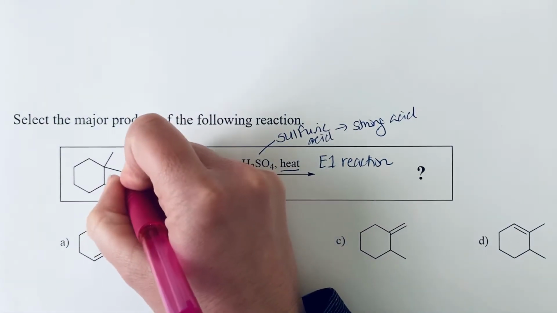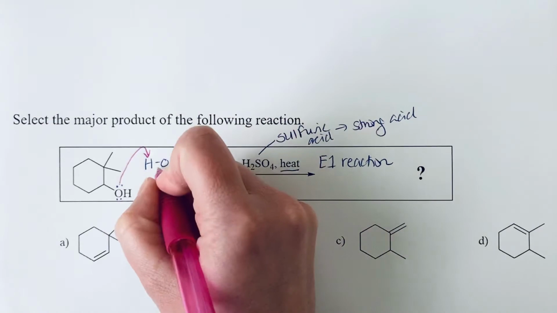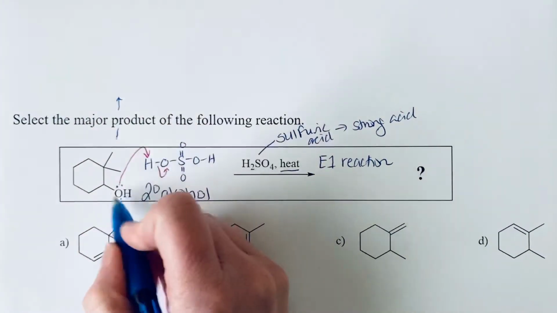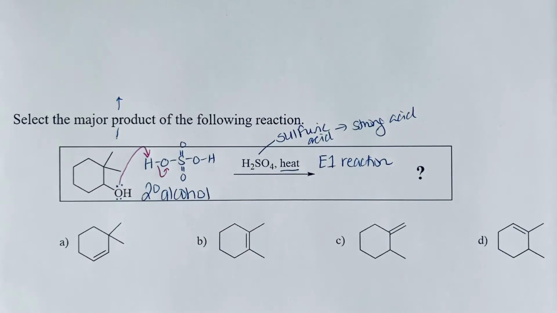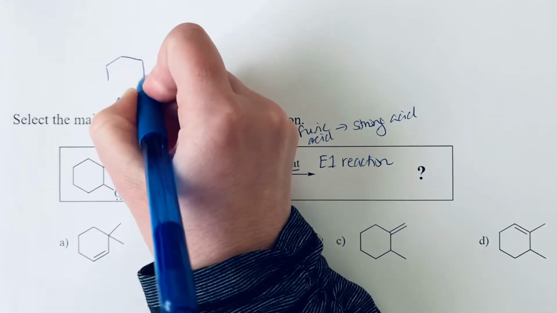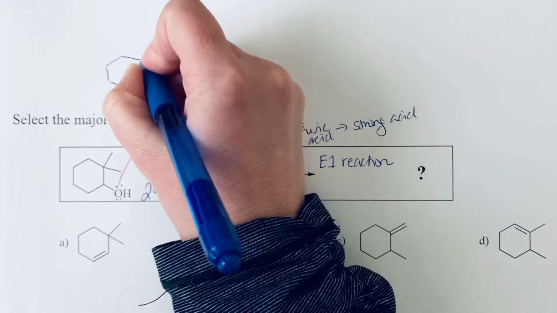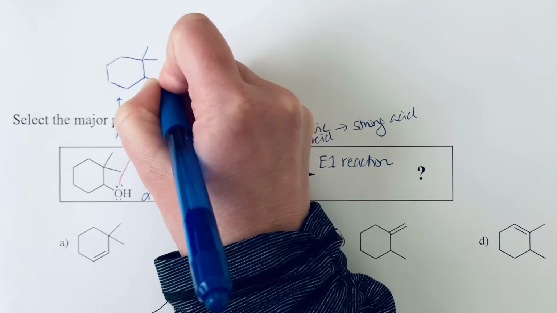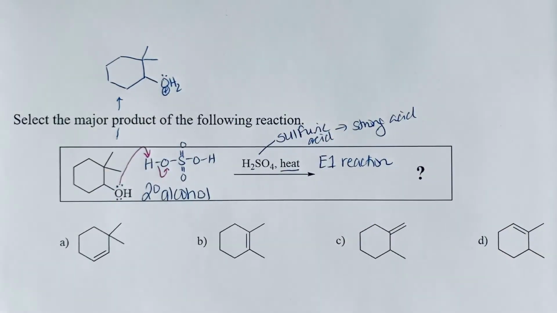So your alcohol can act as a base and take a proton from the sulfuric acid. And what this is going to do is convert this from hydroxide, which is a really poor leaving group, to a neutral water molecule, which is an excellent leaving group.